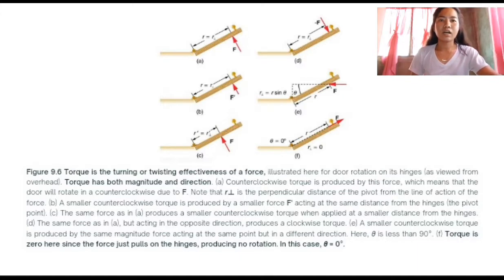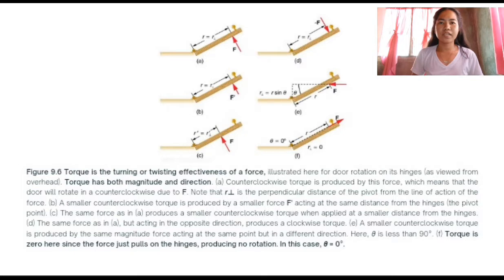Note that r is the perpendicular distance of the pivot from the line of action of the force. In B, a smaller counterclockwise torque is produced by a smaller force, F, acting at the same distance from the hinges, the pivot point. In C, the same force as in A produces a smaller counterclockwise torque when applied at a smaller distance from the hinges.